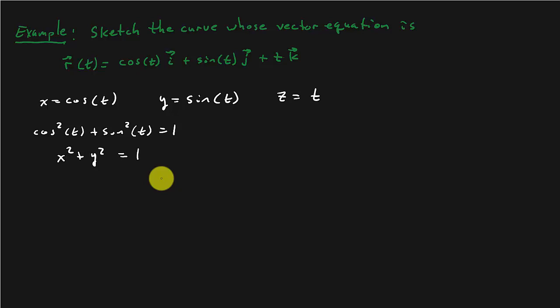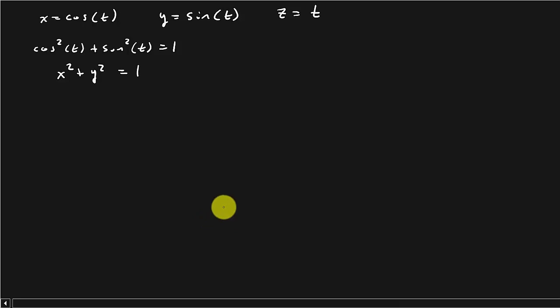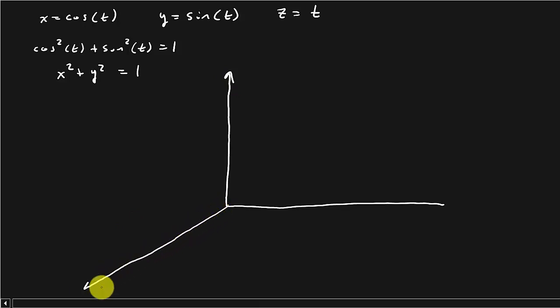That's given us the projection in the xy plane, right? So I've got x, y, and z. So the projection in the xy plane, what is that? Let's draw a positive and negative axis.